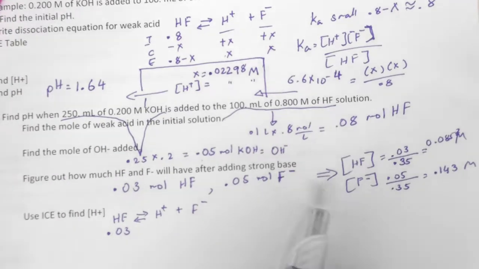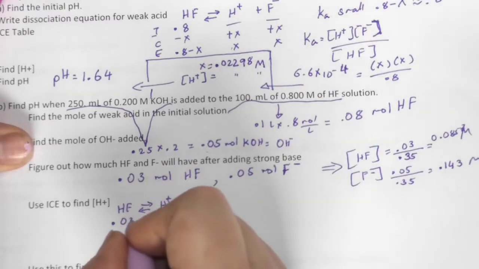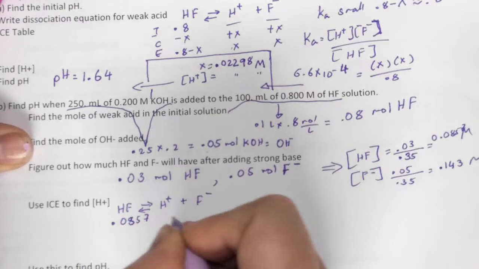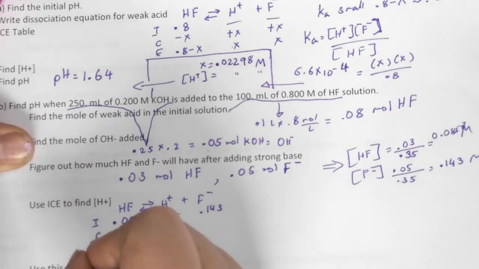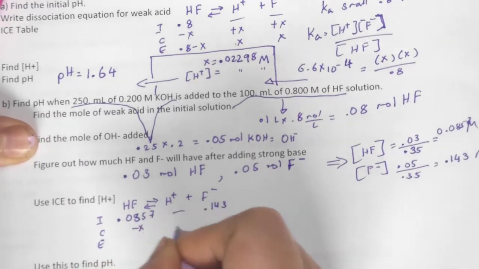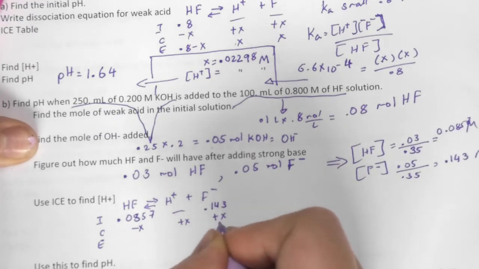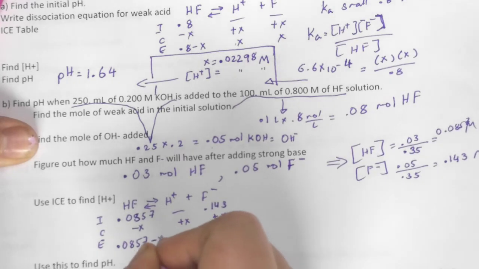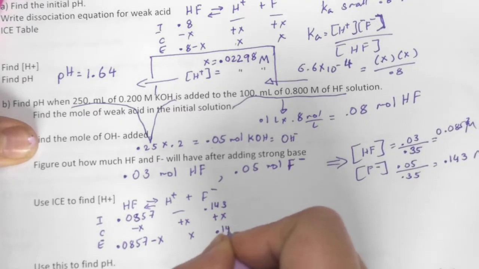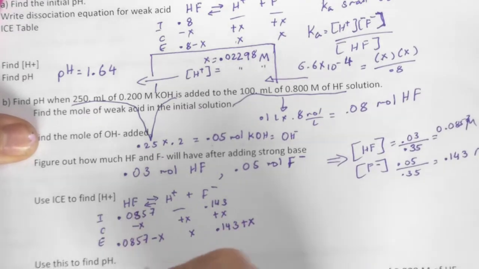Okay, so let's plug it in. Initial: 0.0857, nothing, 0.143. Change: minus x, plus x, plus x. Equilibrium: 0.0857 minus x, x, 0.143 plus x.